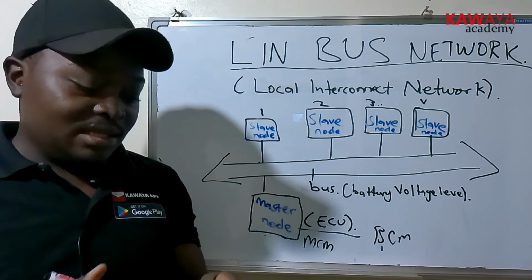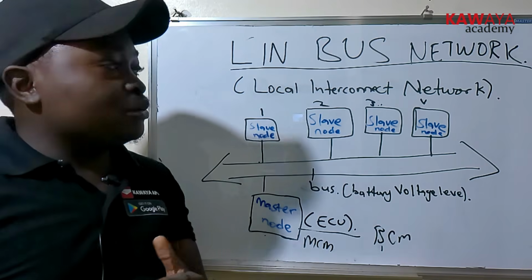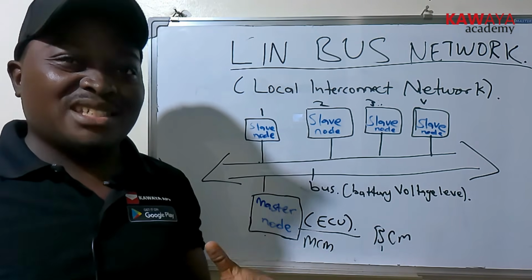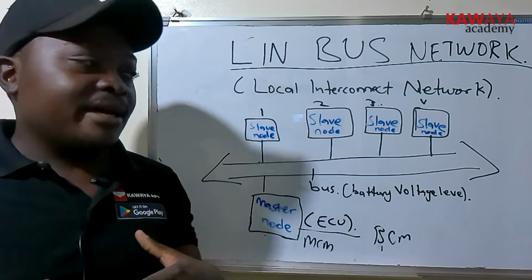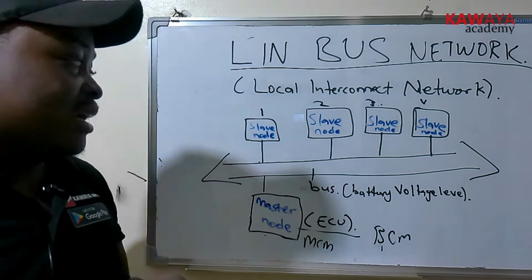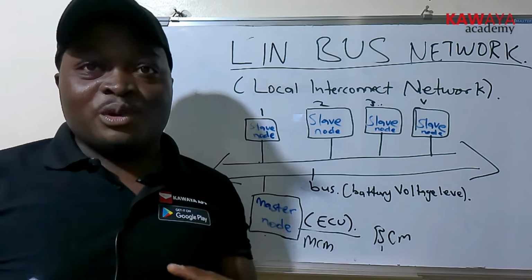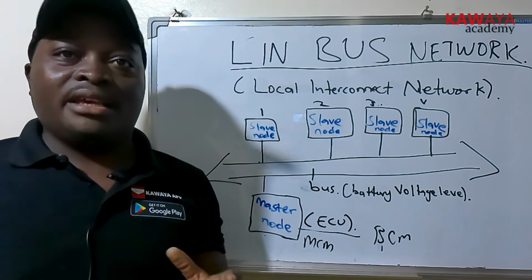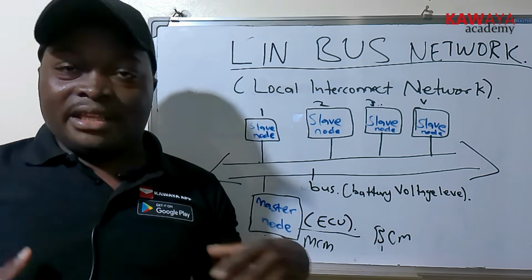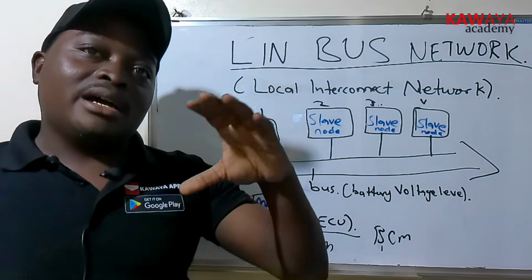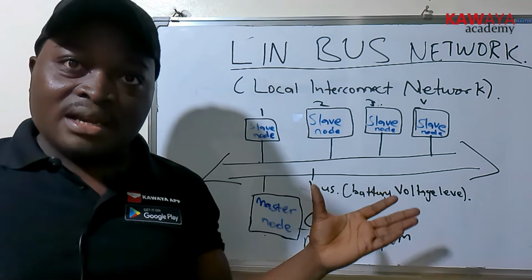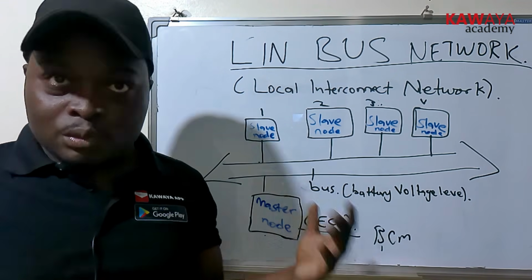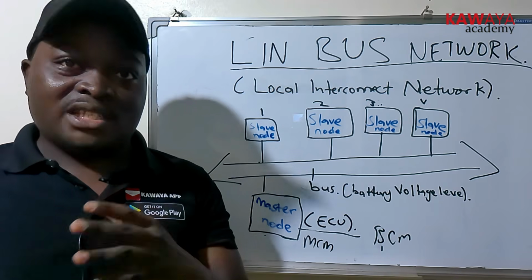So that is basically all about LIN. It is just a simple network system that uses one wire. It doesn't have that much speed compared to CAN bus, and it has what we call a master that sends messages to the slaves. A master sends a message and the slaves react. It can send to all, or to one at a time, depending on how it was designed.